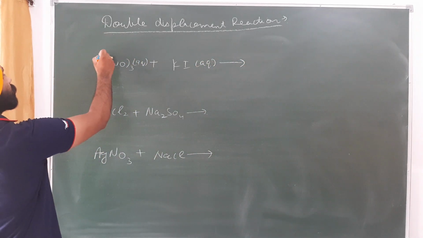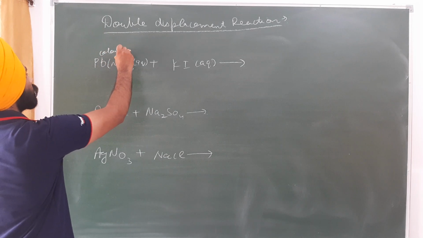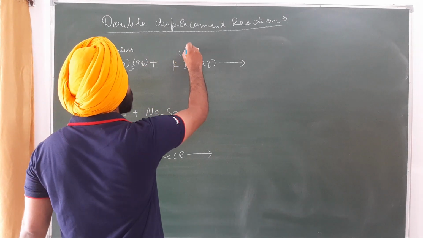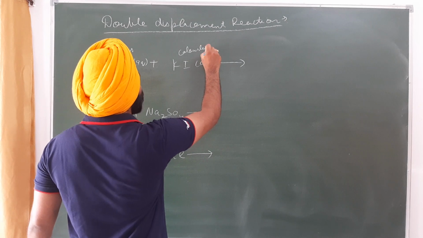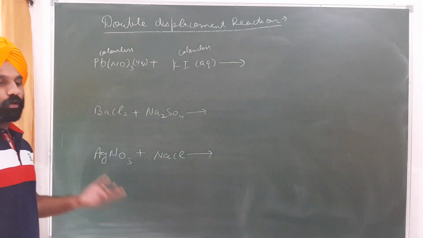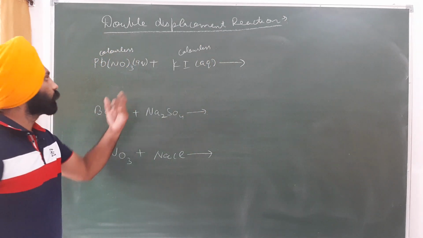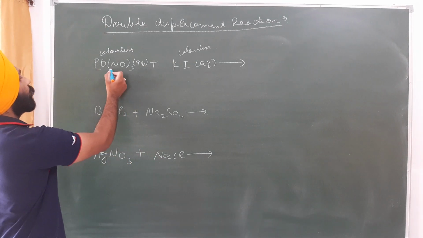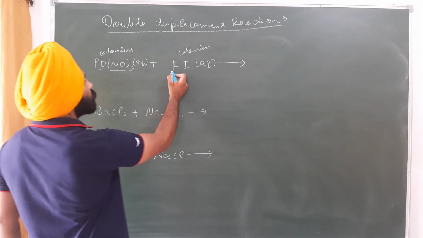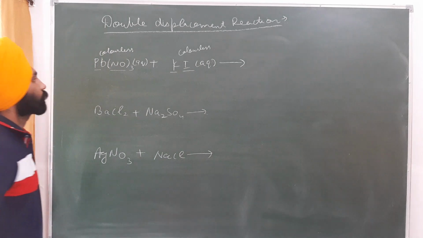This is colorless, it is also colorless. It is like a simple salt dissolved in water, it doesn't have any color. This is lead nitrate, this is potassium iodide.